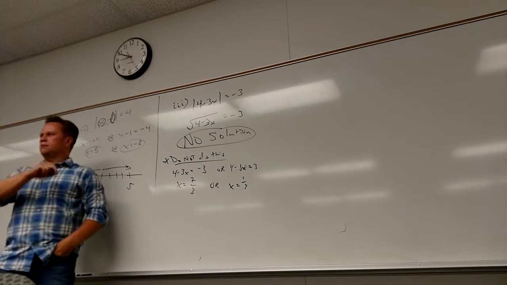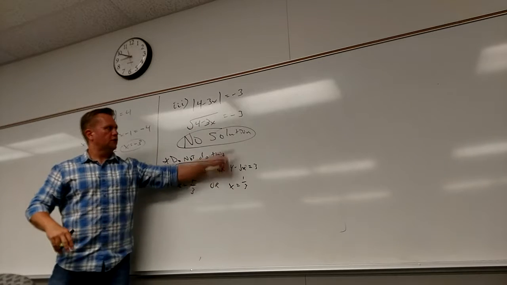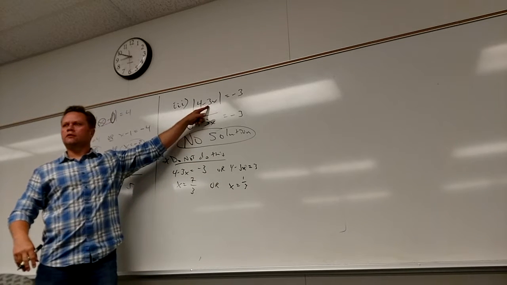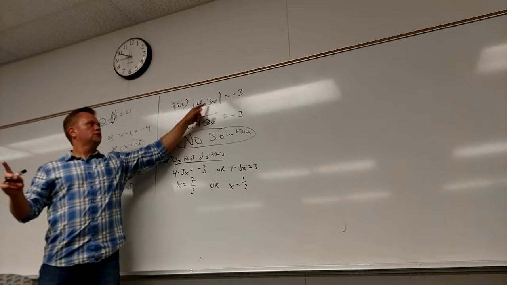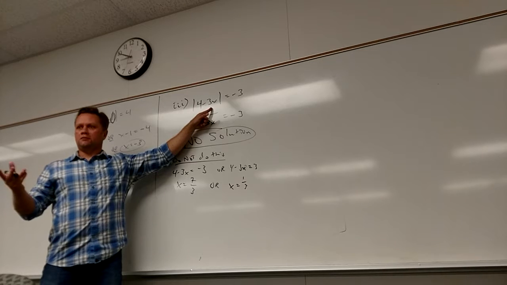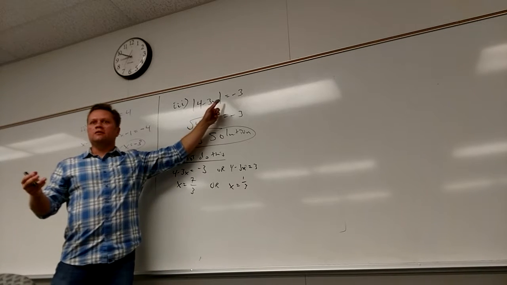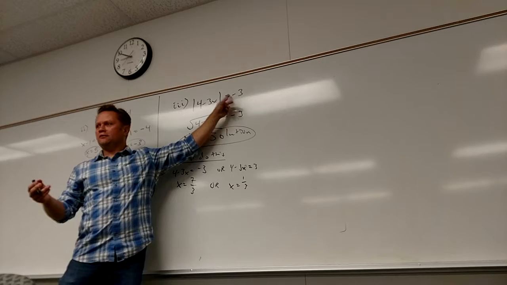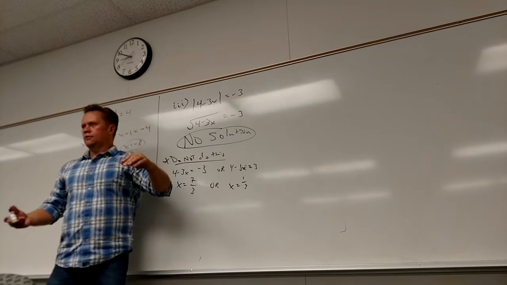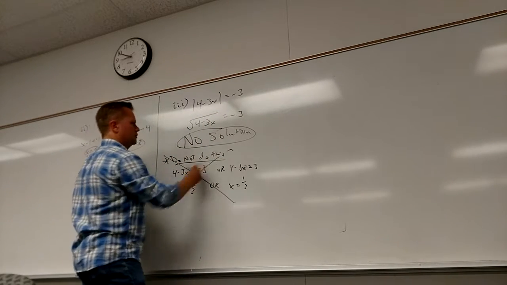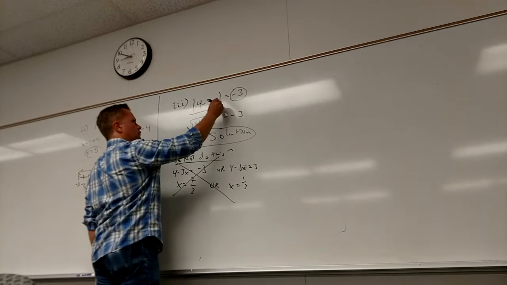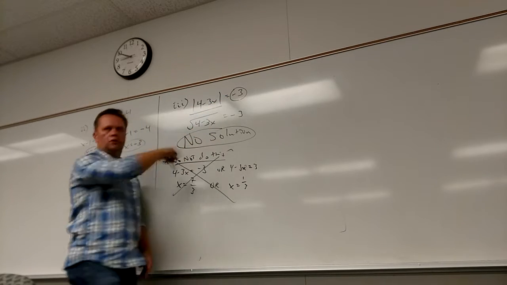And you circle it and you keep going, no. If you try to put 1/3 in, for example, what's 1/3 of 3? 1. 4 minus 1 is 3. Absolute value of 3 is 3. Oh, not -3. So don't do this. When you see this, absolute value equals this, no solution.